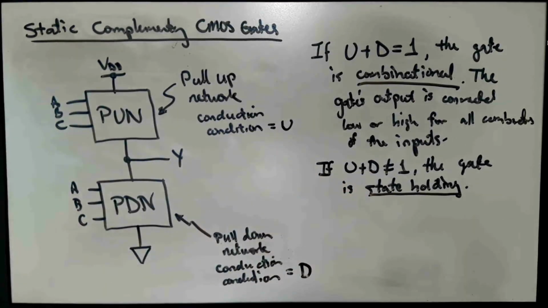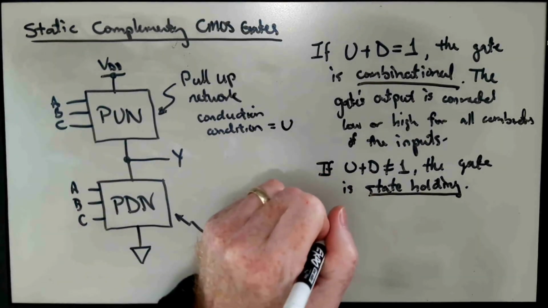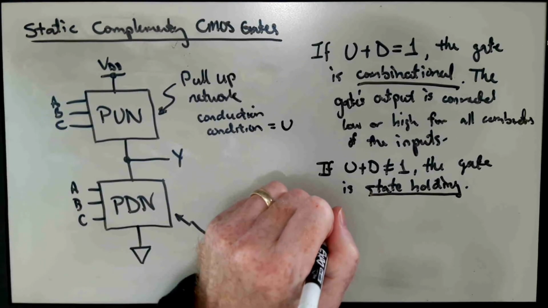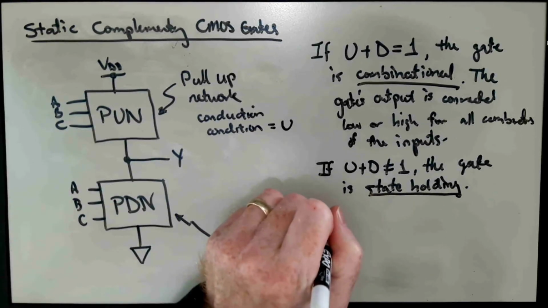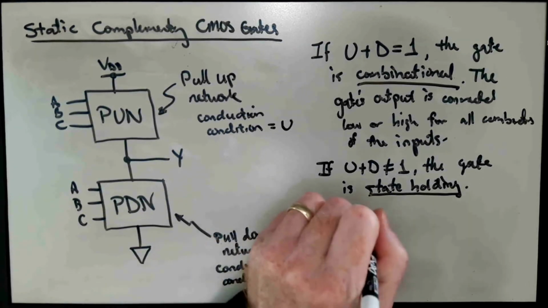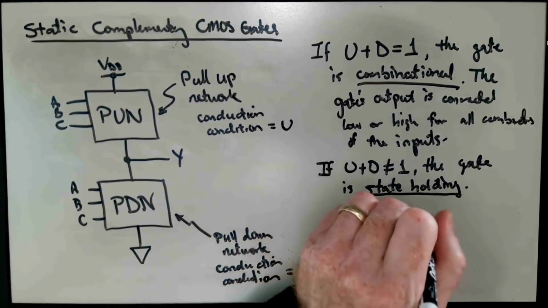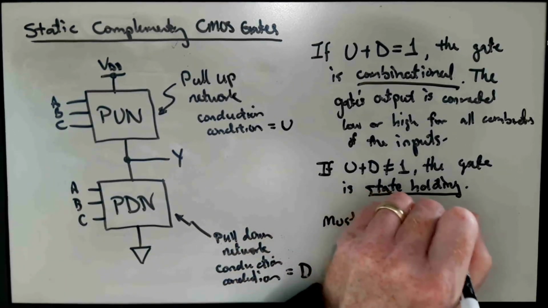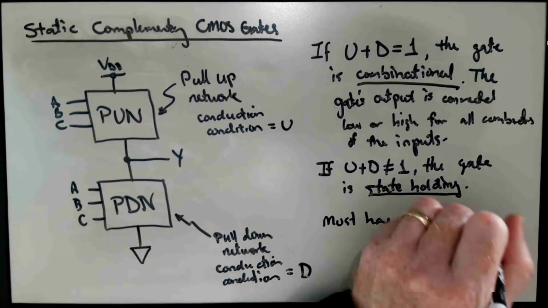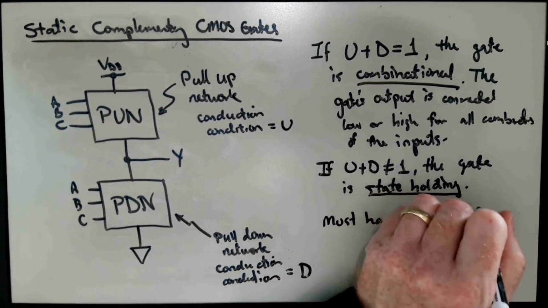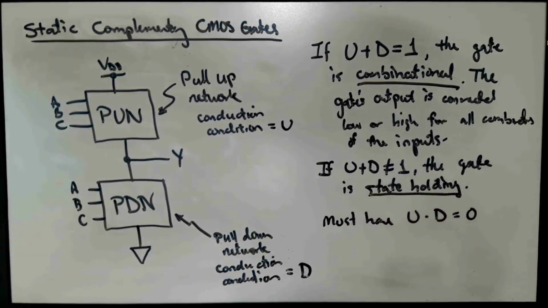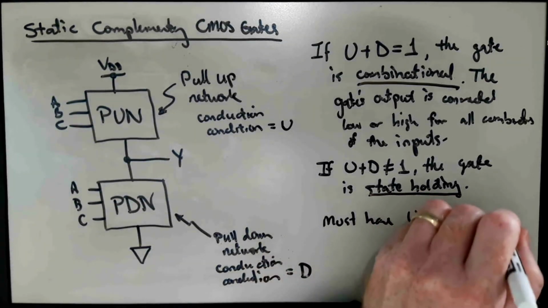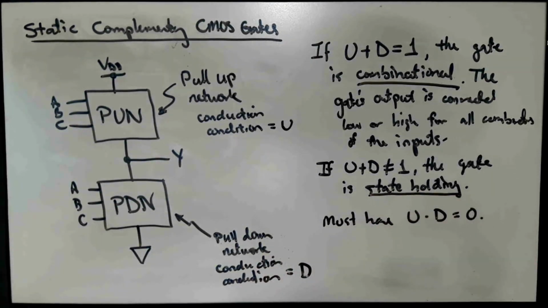The other thing we'll say about this is that we basically must have that U and D is false. What does that mean?